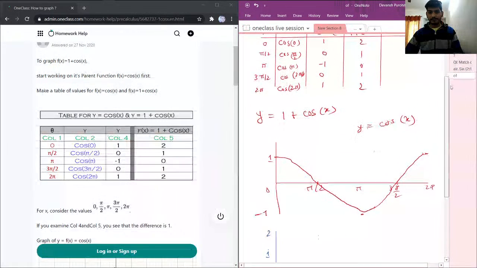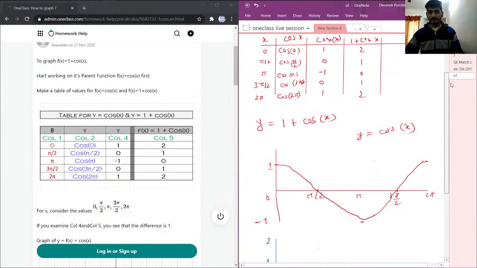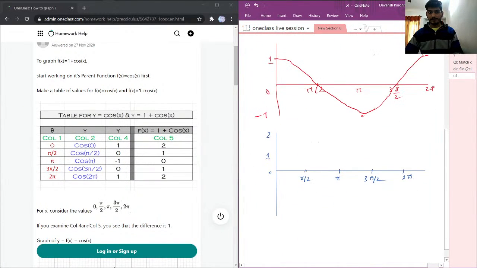So for this it will be 2, 1, 0, 1, 2. So I will again try for the curve here.